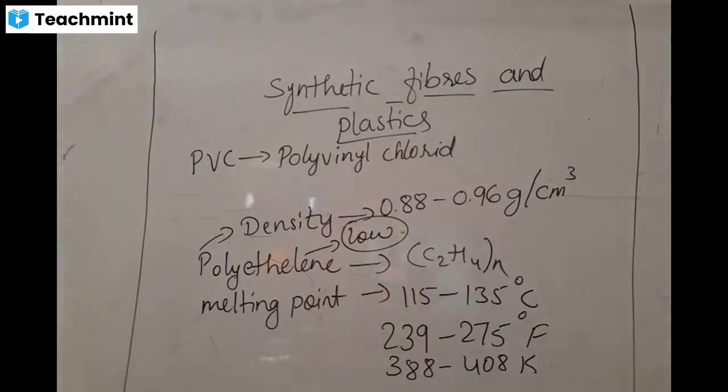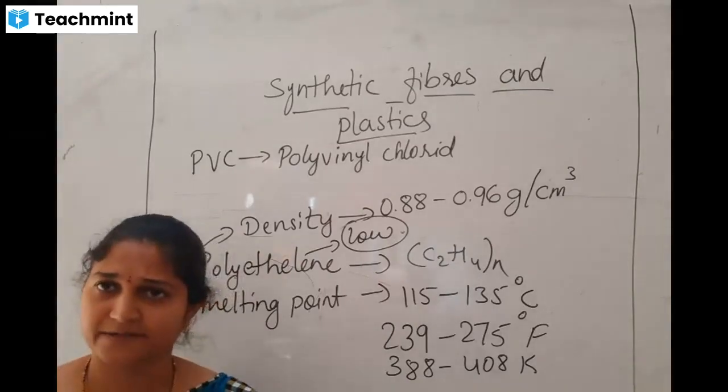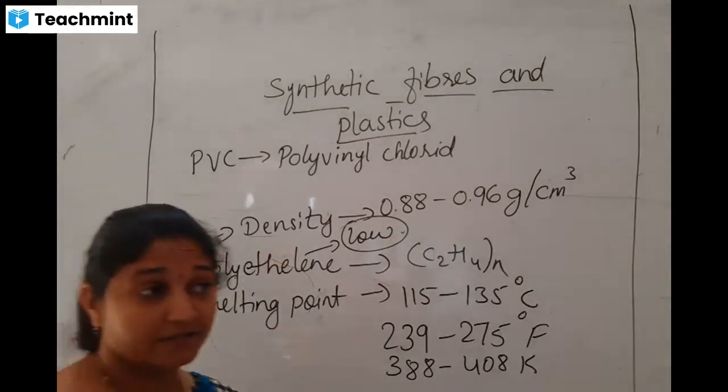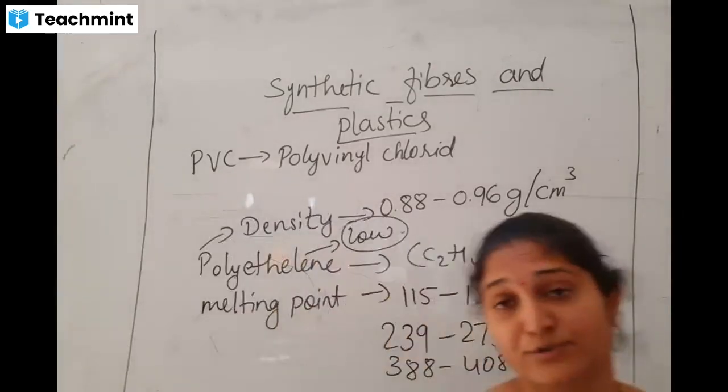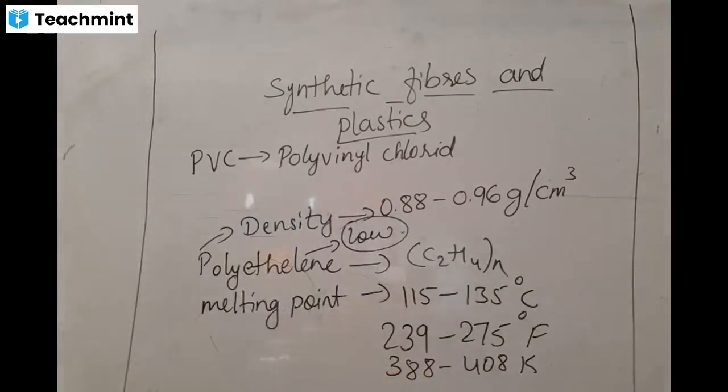Yeah, very low density. That's the reason it is also very lightweight. That's the reason we use polythene bags, and even containers to preserve grains and all those things. We use plastic bottles for water, and for milk there are plastic pouches too.